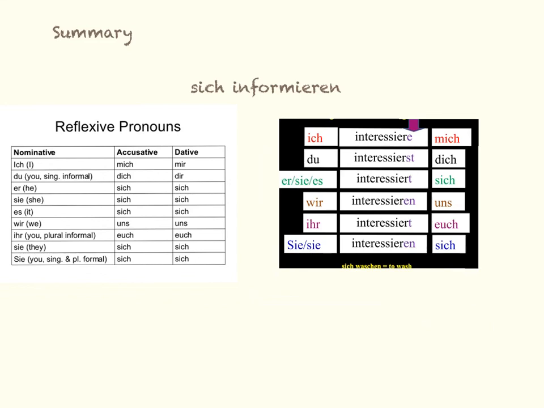They inform themselves, sie informieren sich. And of course you mustn't forget that very occasionally, for example, to wash one's hair and to clean one's teeth, you will be required to use the dative reflexive pronoun when you are using ich or du.